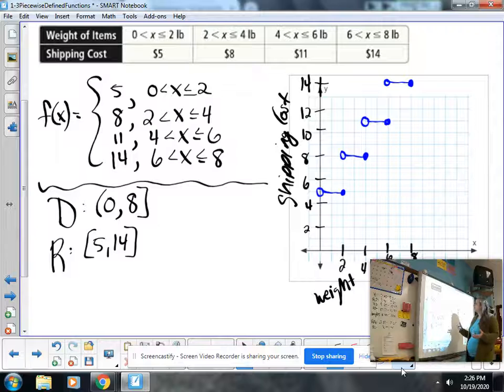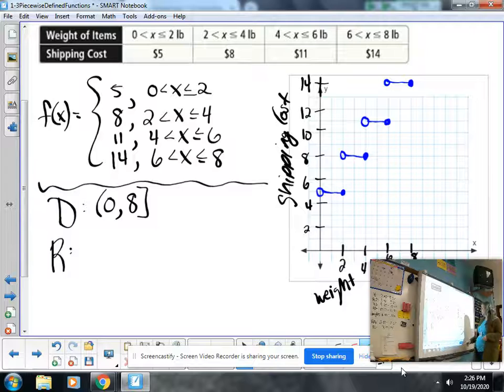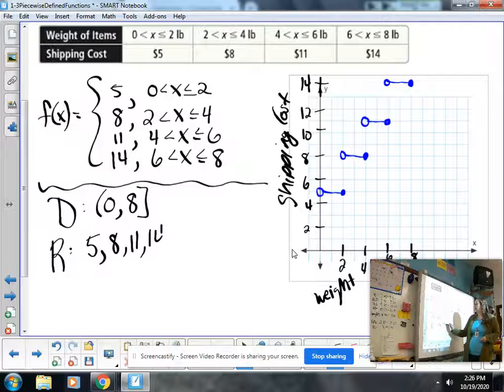We're never going to pay a shipping cost of $7, of $9, of $10. So instead of writing our range out like this, since it is a series of values, we would actually go through and list the numbers. So my range is 5, 8, 11, and 14, because there are no other y values we are going to reach within my graph.